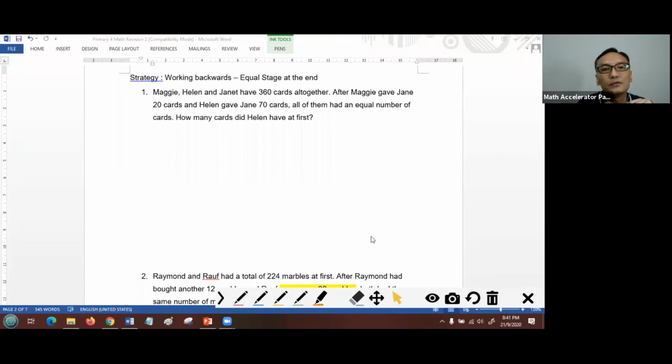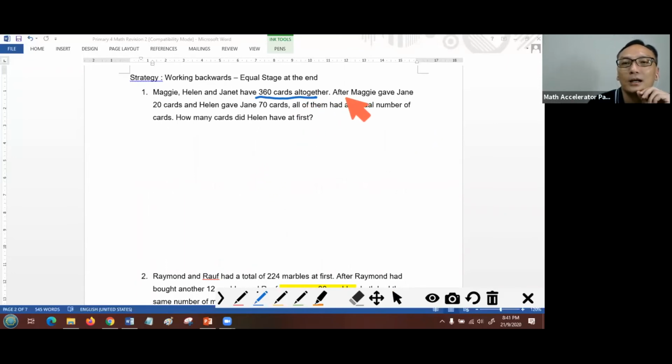After Maggie gave Jane 20 cards and Helen gave Jane 70 cards, all of them have an equal number of cards. So how many cards did Helen have at first? After reading this question, let's highlight some of the keywords over here. So there are 360 cards altogether. That's the first part.